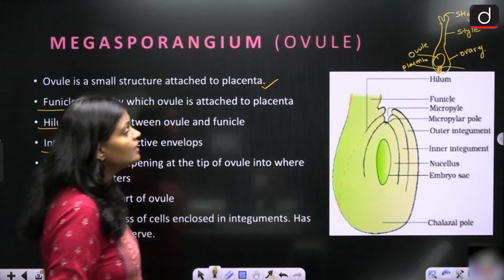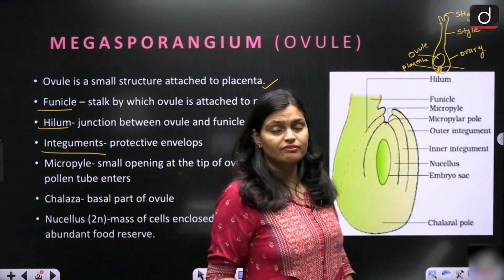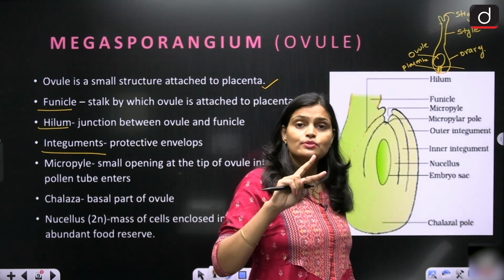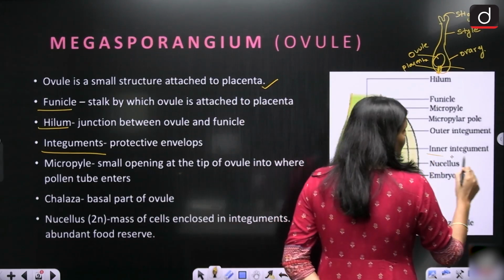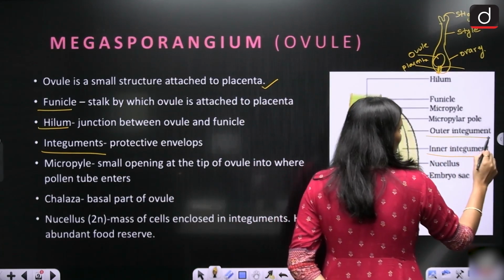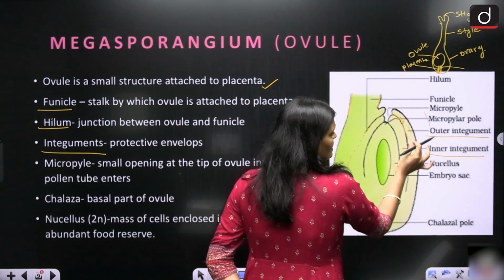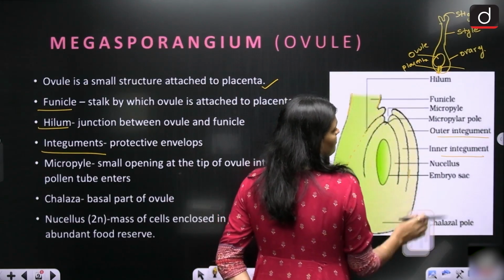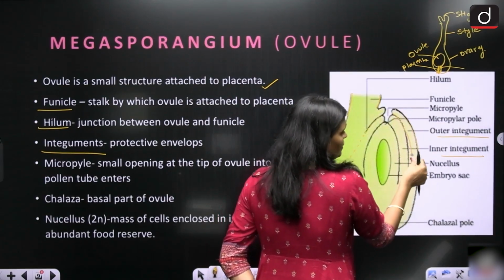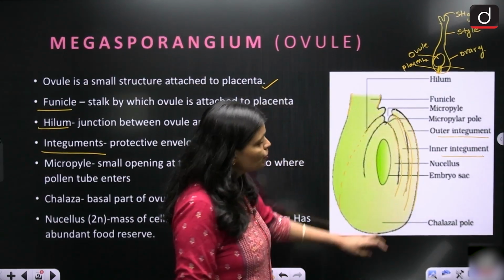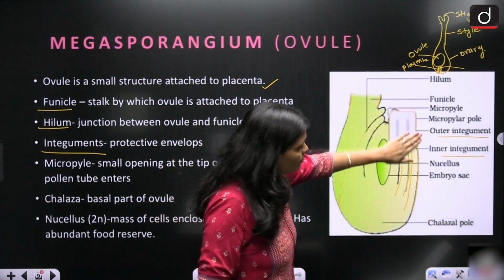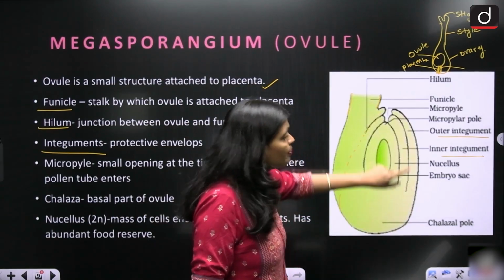Integument is the protective envelope. Two types of integuments are there. What are they? Inner and the outer. See, this one is the outer integument and this is the inner integument. So you have two integuments which provide protection.